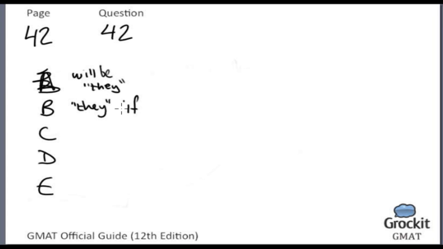So technically you can still say that, but "if" is definitely not as desirable in this case. We definitely would rather have some other type of contrasting expression, like "but" or "although" or something along those lines.